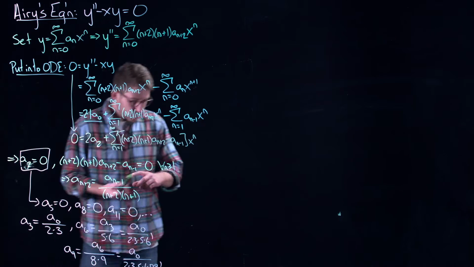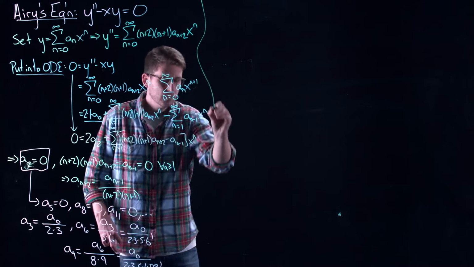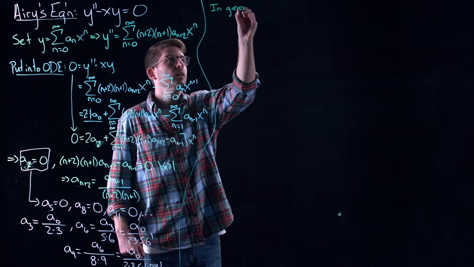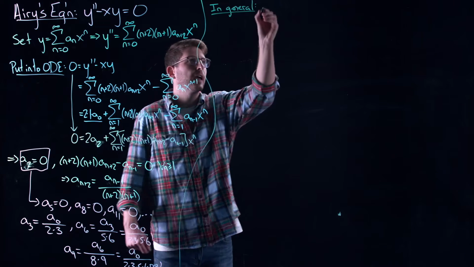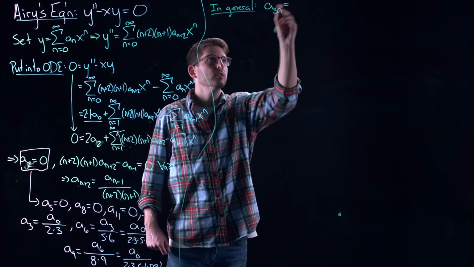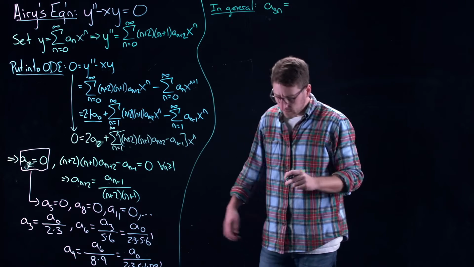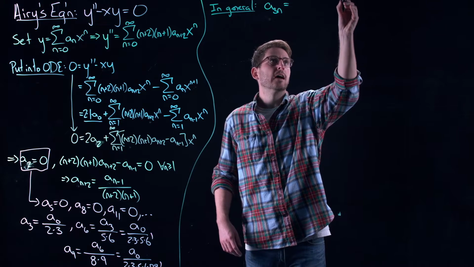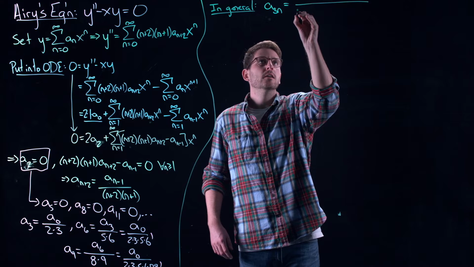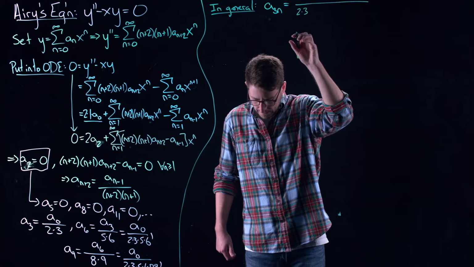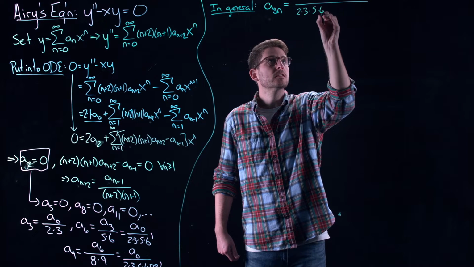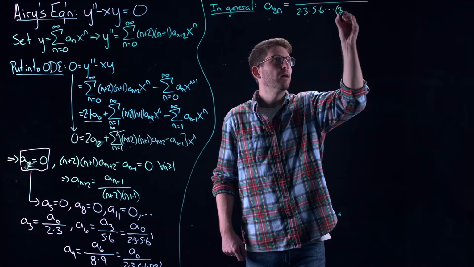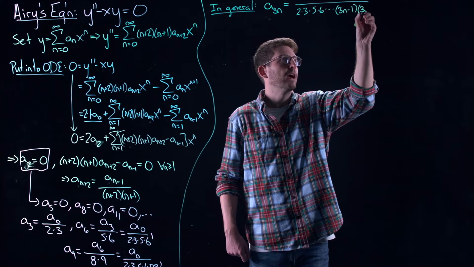Okay, so what does that give me? Well, in general, I get every third coefficient, so A3n is equal to, now it's much more complex to write down, A0 over 2 times 3 times 5 times 6, and you keep doing that alternation until you get to 3n minus 1 times 3n.